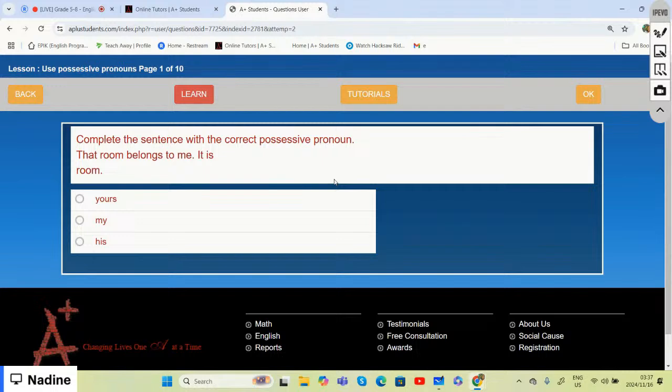All right, we need to complete the sentence with the correct possessive pronoun.